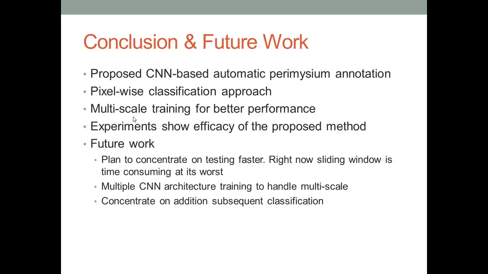So my future work is to find a relatively faster sliding window method, or some other method that has already been developed, or maybe do this testing on a distributed network somehow. The other future work I plan is to train multiple convolutional neural networks instead of just one to handle the multi-scale data, so that I can split the data into different scales, train one convolutional neural network for each scale, and then somehow merge all the information together at the fully connected layer to get the classification.